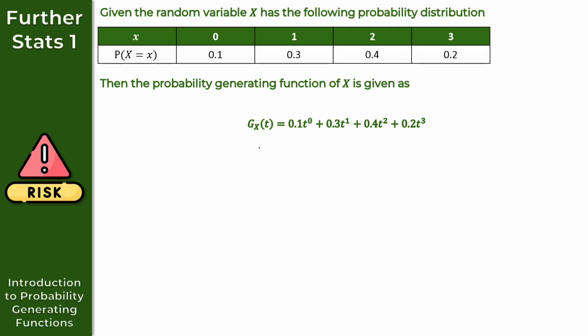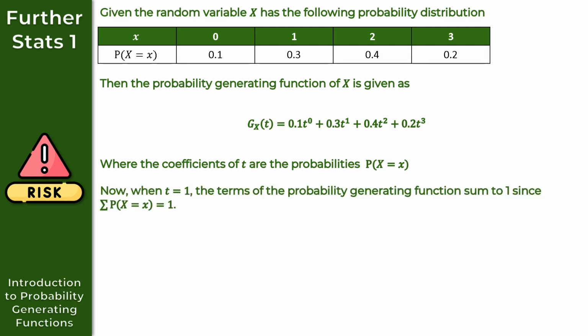And don't forget, we mentioned it on the previous page, the t is just a dummy variable. It's nothing special, we just use it to represent our polynomial, as you can see here. Okay. Now, hopefully, you might notice straight away that the coefficients of t are these probabilities. So 0.1, 0.3, and so on and so on. Okay.